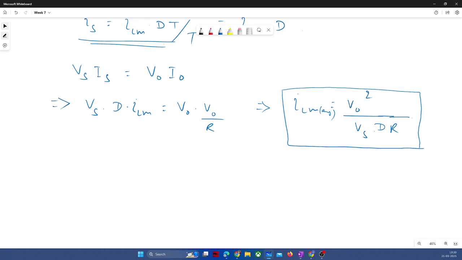Similarly, you can again compute from the 1 minus D component as well. If you go ahead with 1 minus D, during when the switch is off, you will get a certain other expression. Just put V naught by Vs, and let me further simplify it.